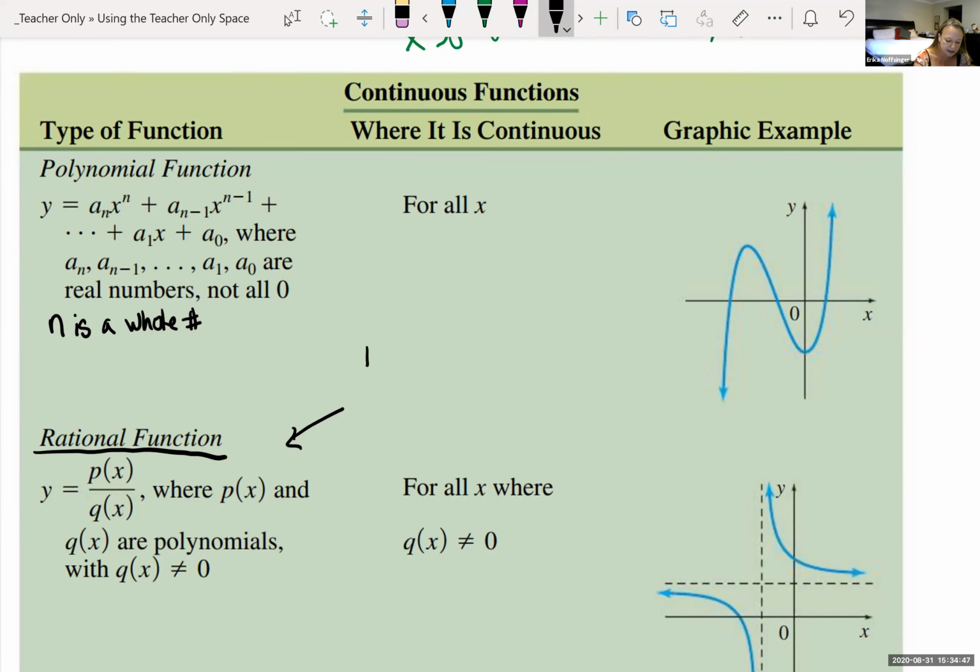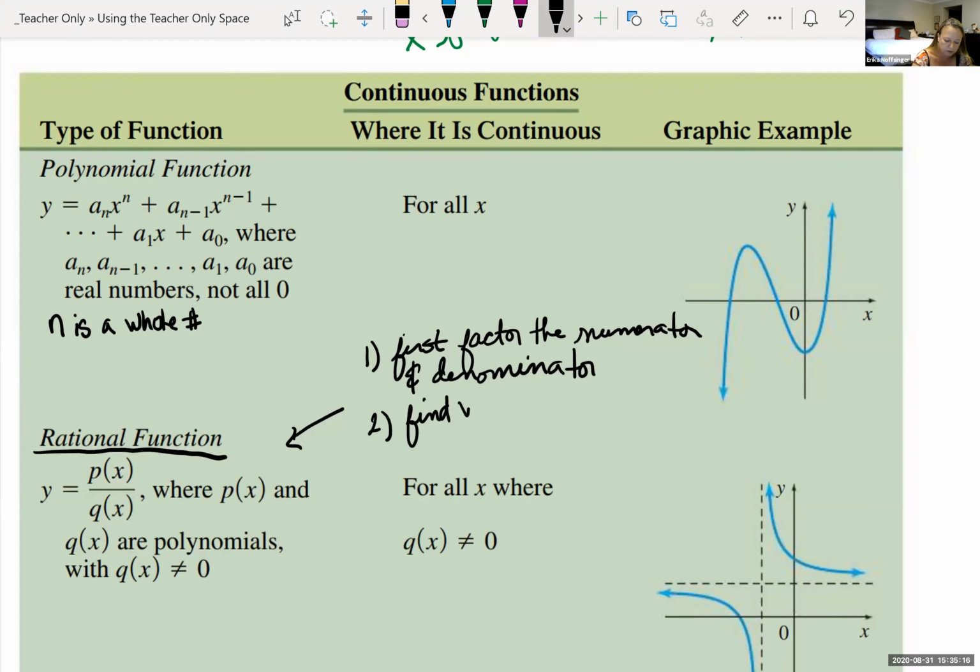So with these, let's first factor the numerator and denominator. You want to find the values which set the denominator equal to 0, and the numerator equal to 0.